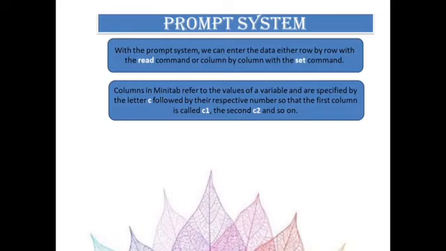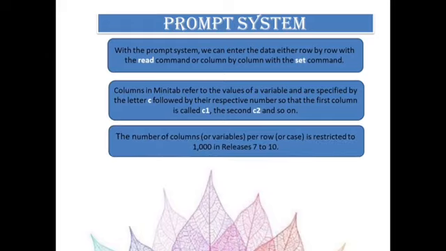Columns in Minitab refer to the values of a variable and are specified by the letter C followed by the respective number, so that the first column is called C1, the second C2, and so on.